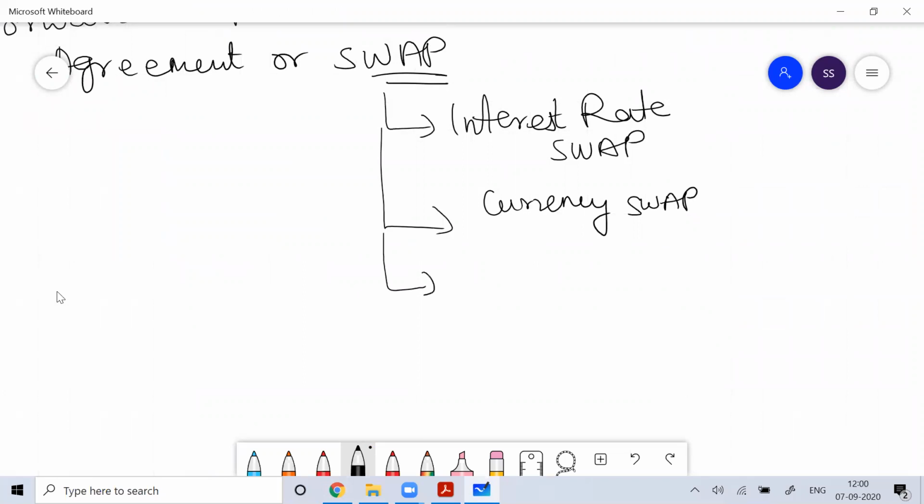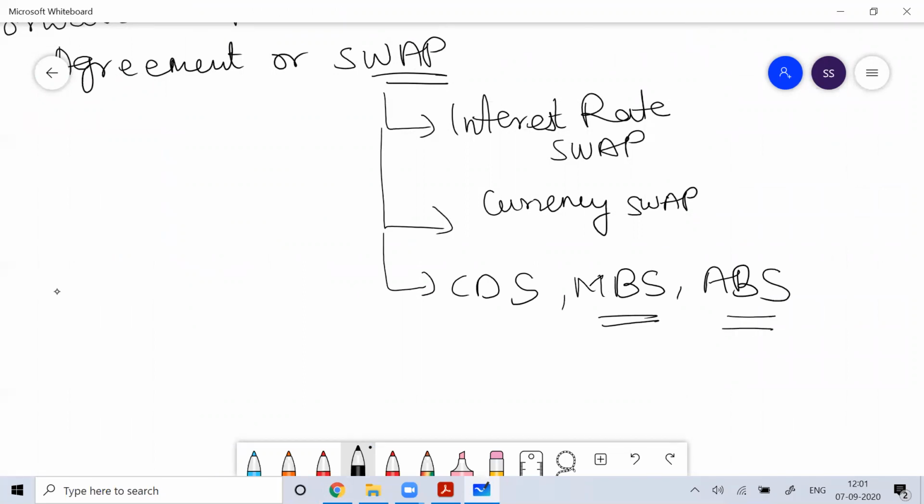When we talk about CDS, like in swaps you have various instruments. Swaps and FRA are more or less similar terms, so you'll understand much more about them. Like CDS, you can also learn about MBS or ABS. MBS stands for mortgage-backed securities, ABS stands for asset-backed securities.